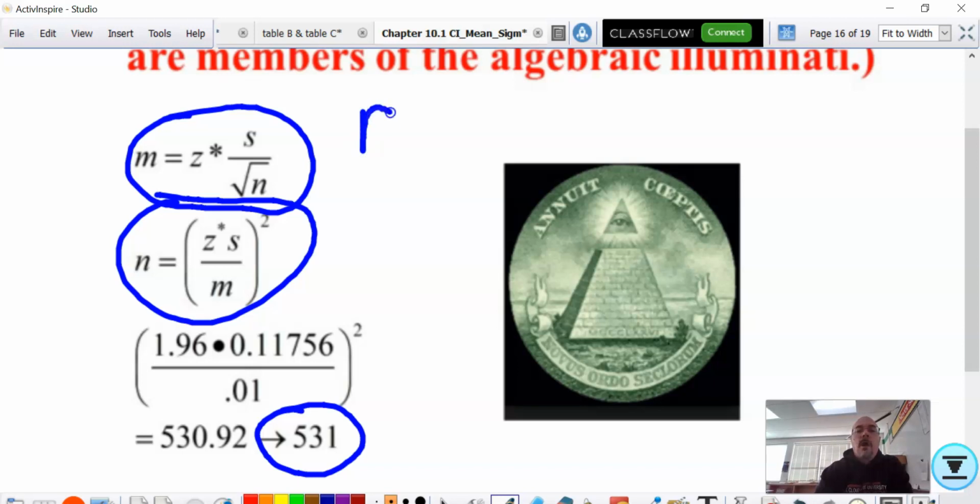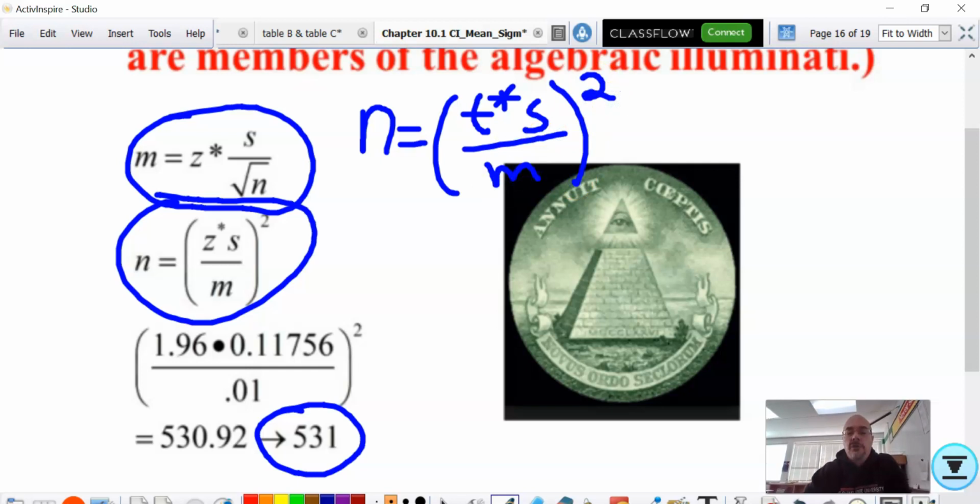Now, we probably should have used T star. Not quite sure why the professor used Z star there, but you could just do that with the T star, and that would give you an accurate representation. So we would need a sample size of 531 if we wanted a margin of error of 0.01, according to this, using the Z star.